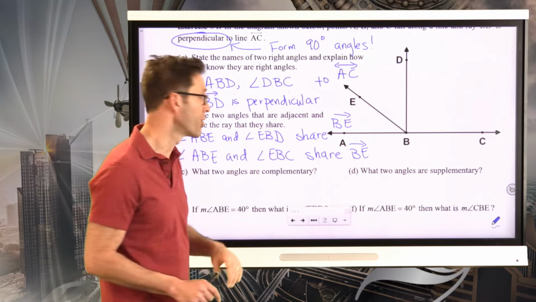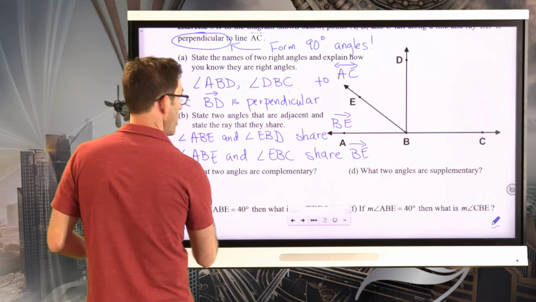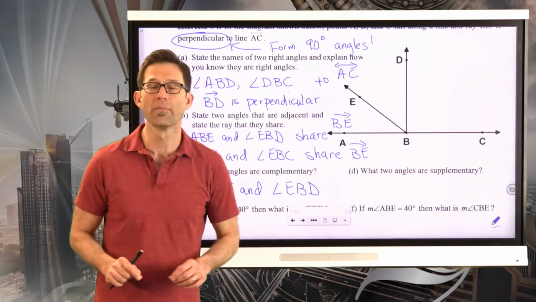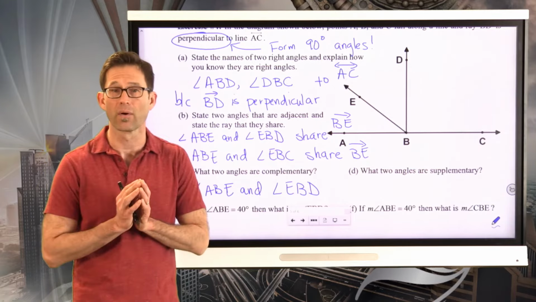So those are complementary, right? So angle ABE and angle EBD, right? Those two are complementary because they together form a right angle.